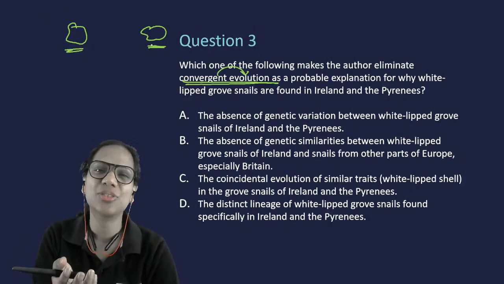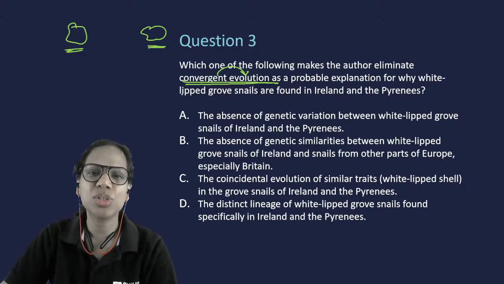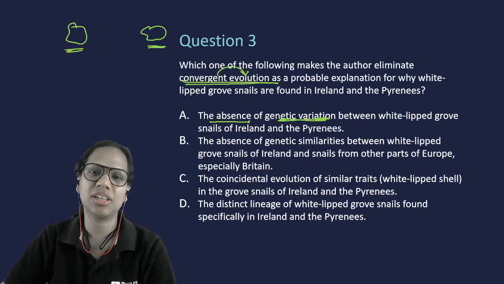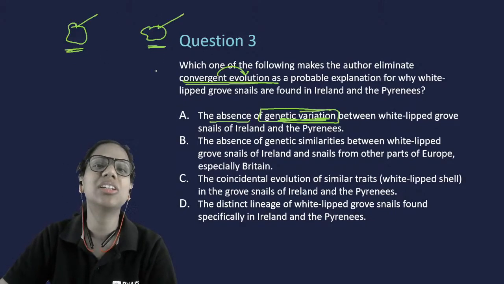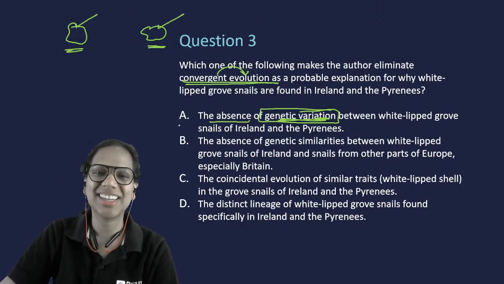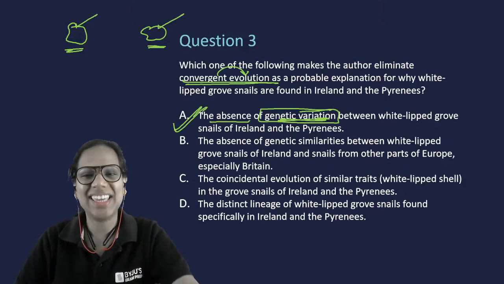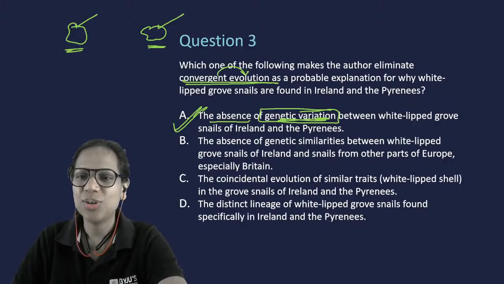There will still be some genetic differences. But here, what was the case? There was a complete absence of genetic variation, right? So if there is no genetic variation, that means a similar trait did not evolve coincidentally, they are simply the same. So our answer is A here. Hope this makes sense.